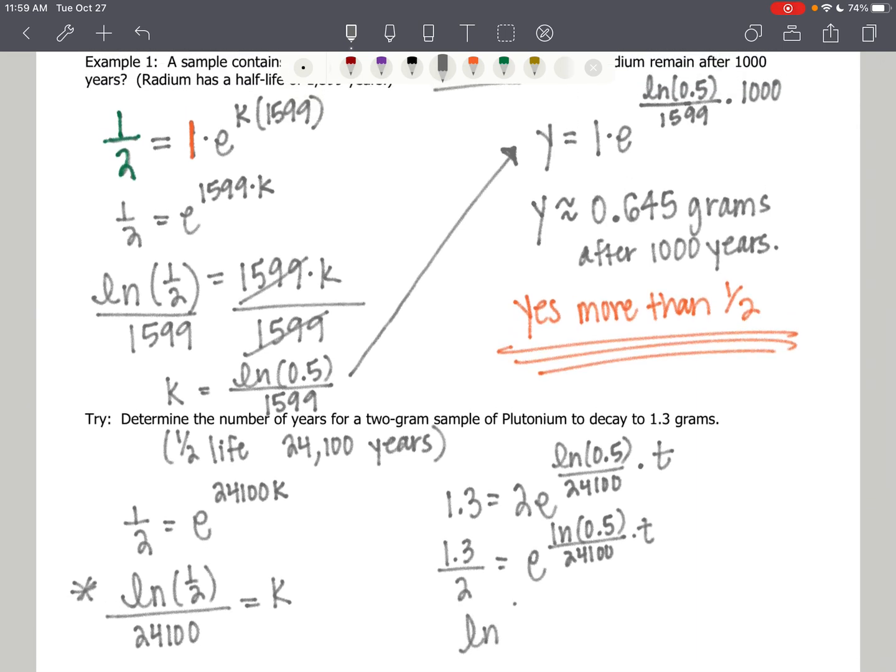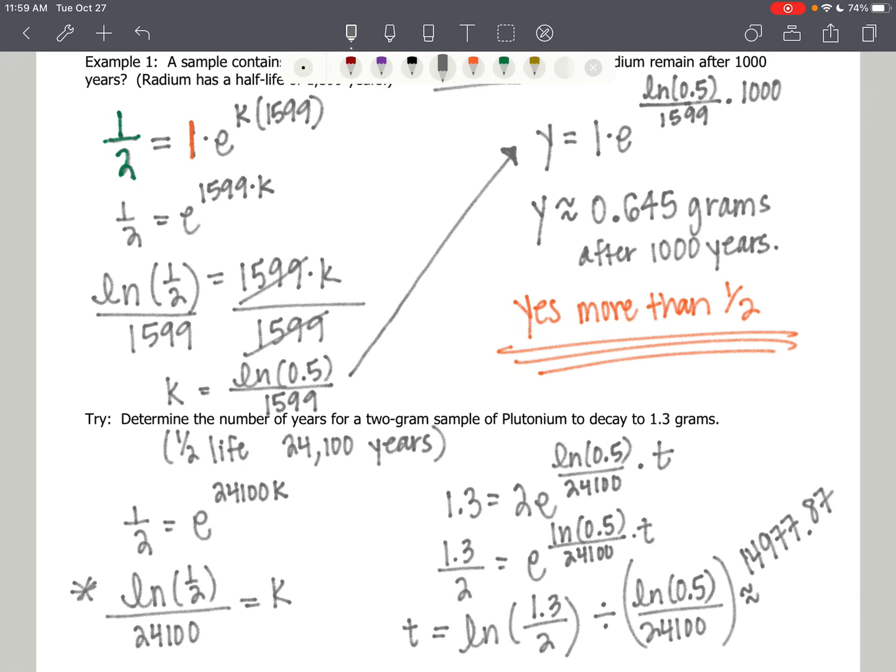So we're going to have the natural log of 1.3 divided by 2, and then we're going to divide that by the k value, whatever this number is. And you should have gotten your time, and your time you should have gotten was 14,977.870 years. It's a really long time.